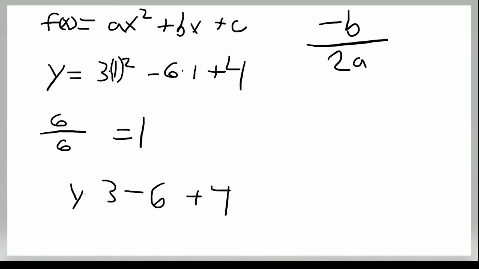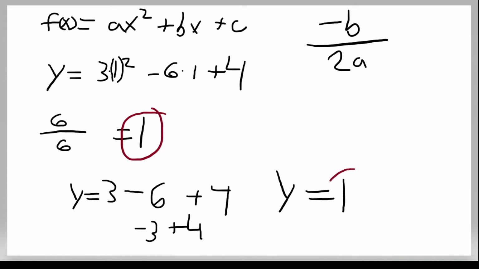Now we got y equals 3 minus 6 plus 4. Now, that's going to be negative 3 plus 4, which means y equals 1. So, now we know that y equals 1 and x equals 1. So now we know that our vertex is going to be 1, 1.